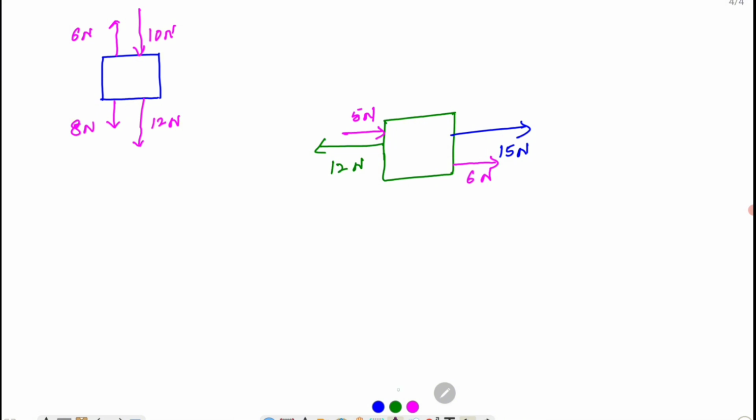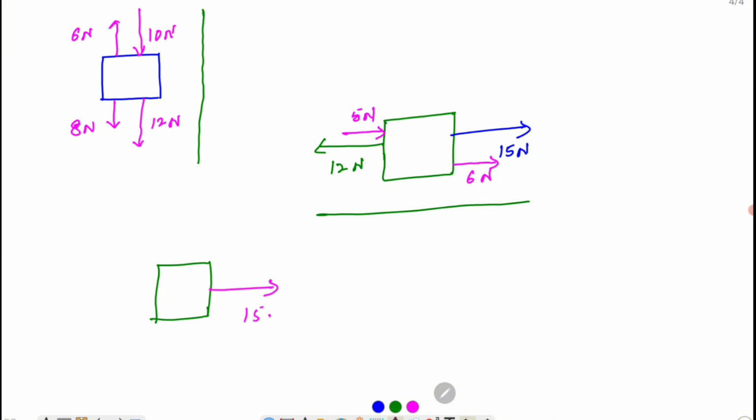You try these questions. See, in both the situations, forces are acting along the same line. Here, along the vertical line, the forces are acting. Here, along the horizontal line, the forces are acting. So, if forces act on the object in different directions, I mean, one force is acting in this way like 15 Newton, another force is acting in this line like 10 Newton, you can't use this method to find out the net force.